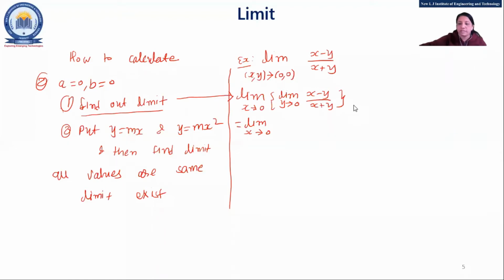Okay, 18. Yes, ma'am. What is the answer of that? I'm calculating. Just put x, y equal to 0. Yeah, it will be 1. Just take a second. Here, what should I write?